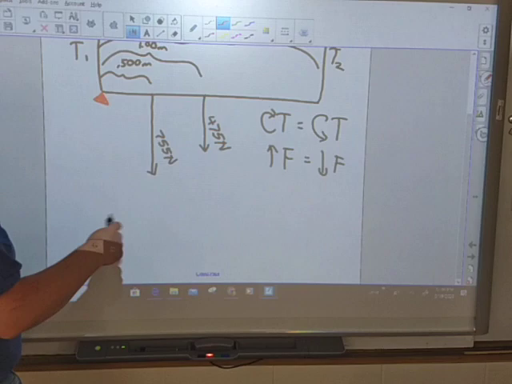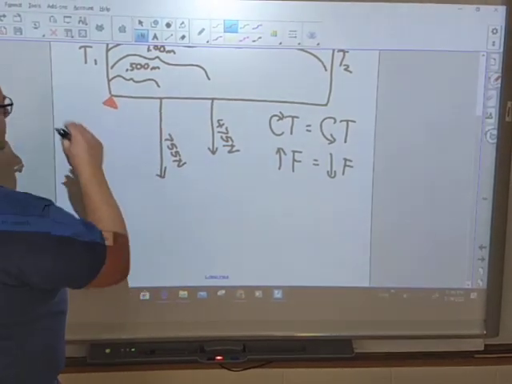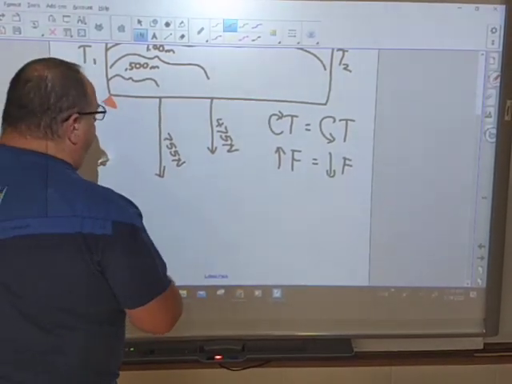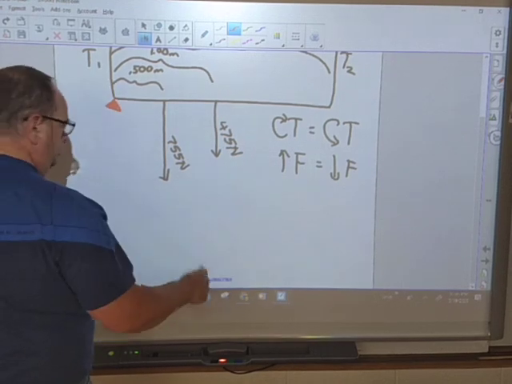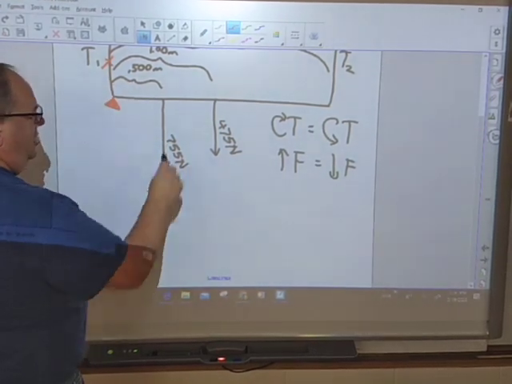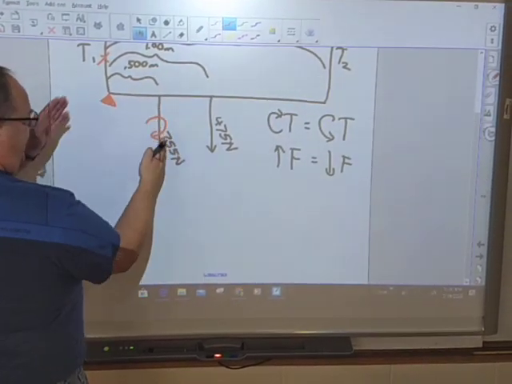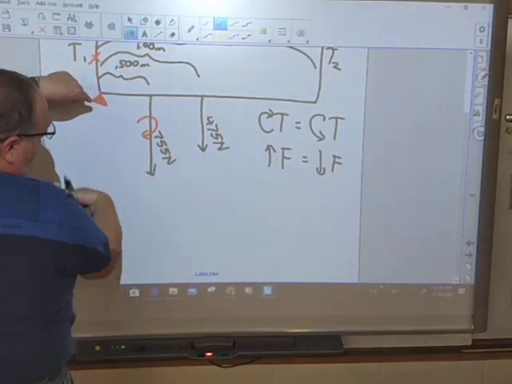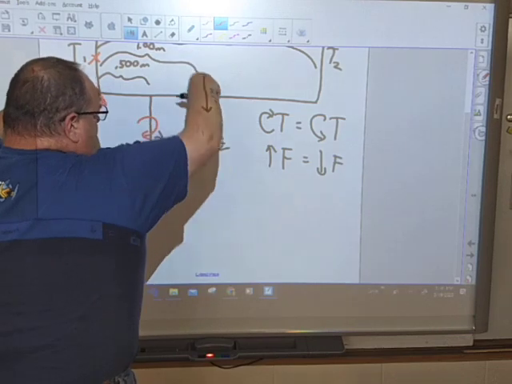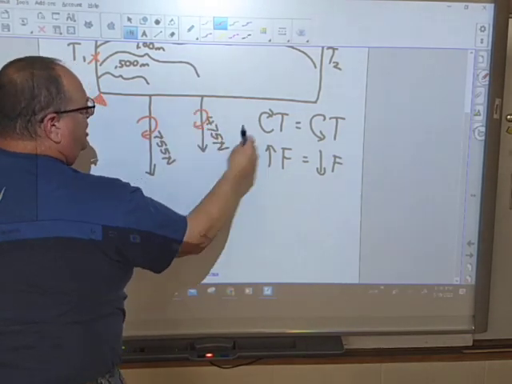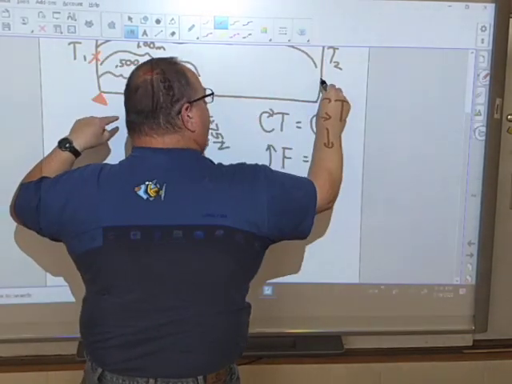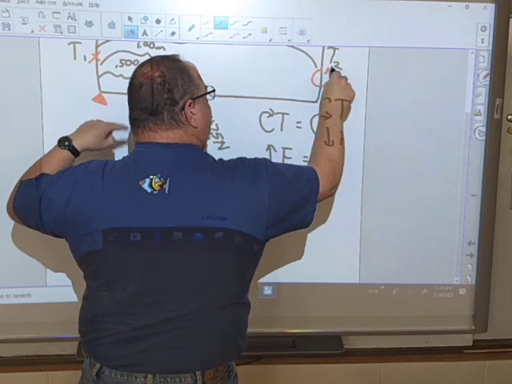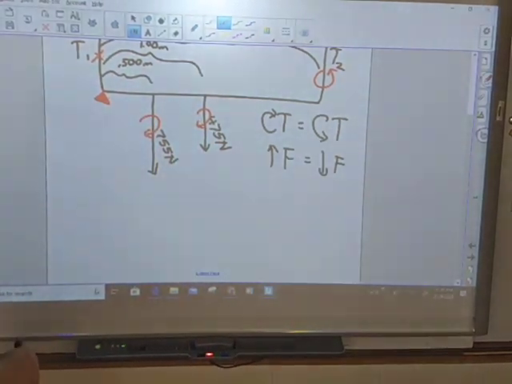All right, I'm going to do clockwise torques and counterclockwise torques. So relative to that pivot point, this guy is nothing. This guy would be clockwise, because if I pin it here, this torque is pivoting it clockwise. This one is pivoting it clockwise. This one, pivoting it counterclockwise. Okay?